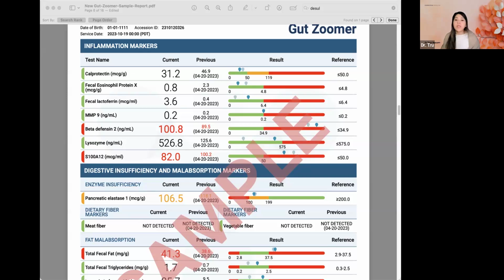And this mucus layer is the reason why Akkermansia is the most important species in the gut, because Akkermansia actually eat the mucus. The whole name for Akkermansia is Akkermansia muciniphila. Mucin is mucus, phila is love.